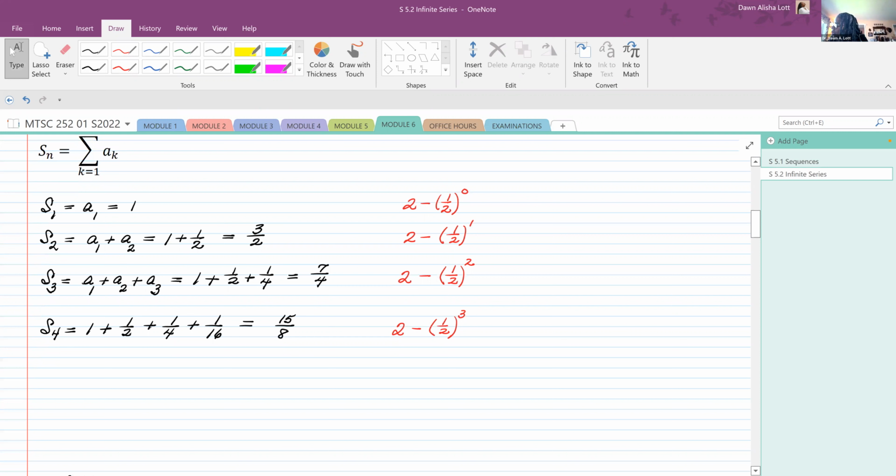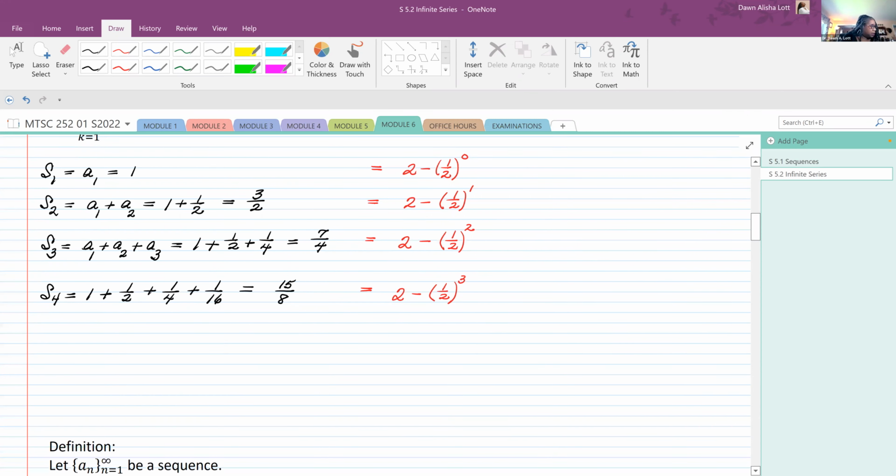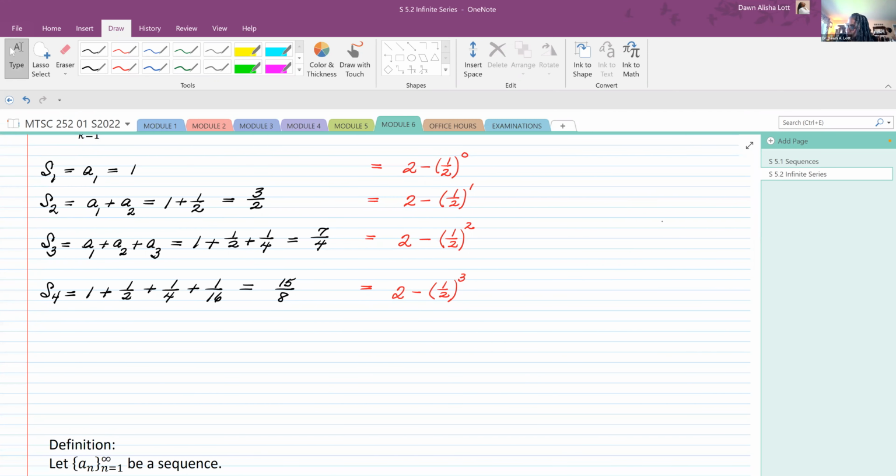So I can see that each one of these is written as such, and we need to get a pattern. We want to keep going and see what our nth one looks like.